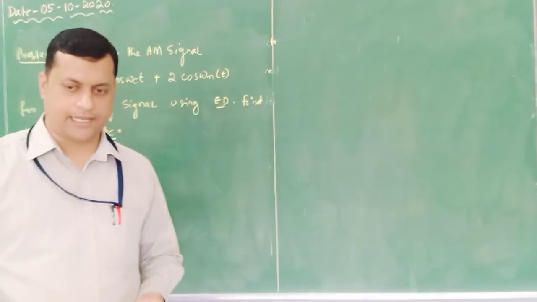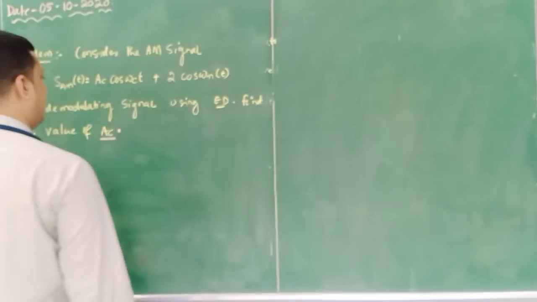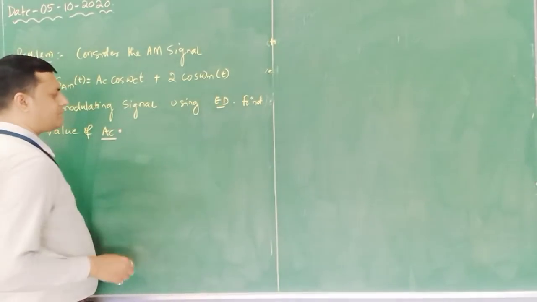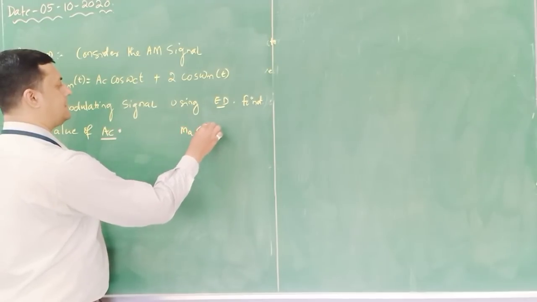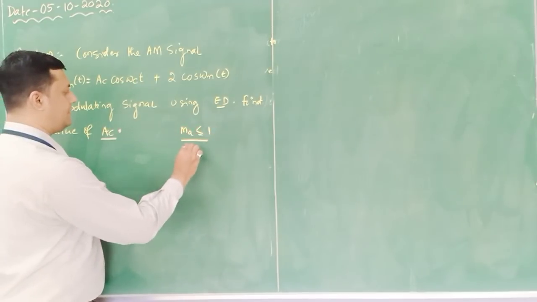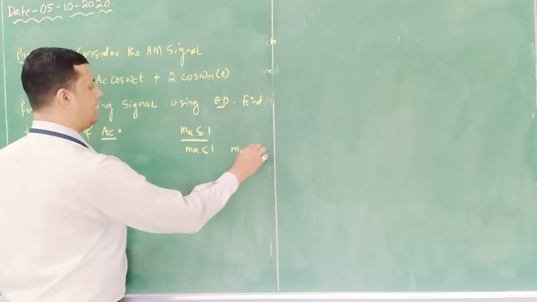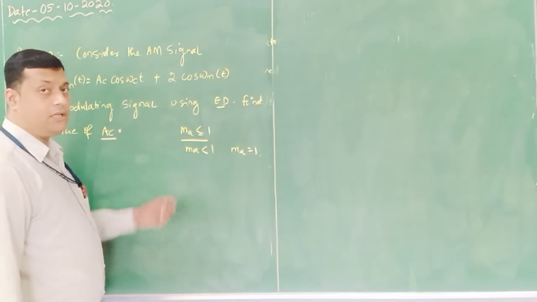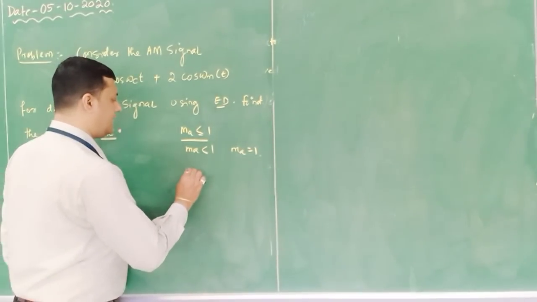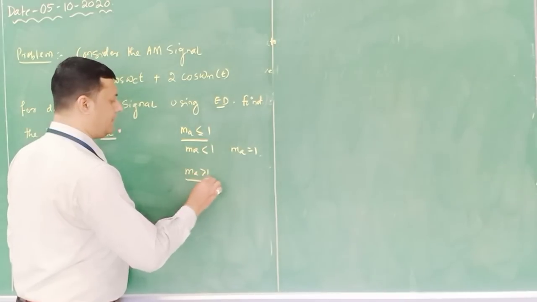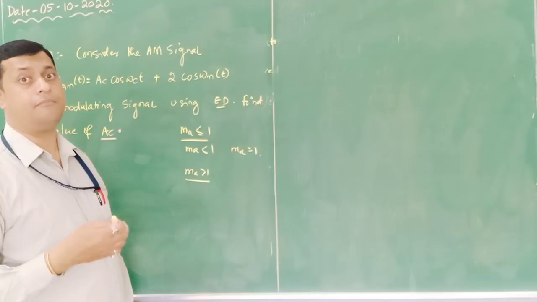As we have seen, different relations are available for an envelope detector. If MA is less than 1 or MA equal to 1, then only we can recover the original message signal. But if MA is greater than 1, we will get some sort of signal, but it is not the message signal.